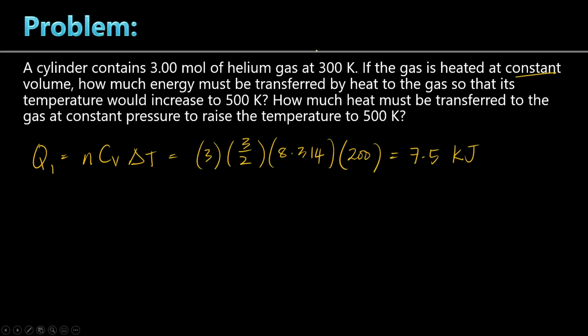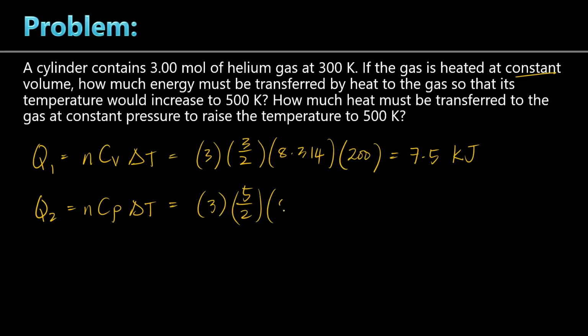Next, yung pangalawa, ang sabi niya, how much heat must be transferred to the gas at constant pressure? Kung constant pressure yan, yung Q2, gagawin nating n Cp delta T. Hindi naman magbabago yung n. Ang magbabago lang is ito. Kasi yung Cp ng monatomic gas ay 5 halves ng R. At ang R ay 8.314 times 200.